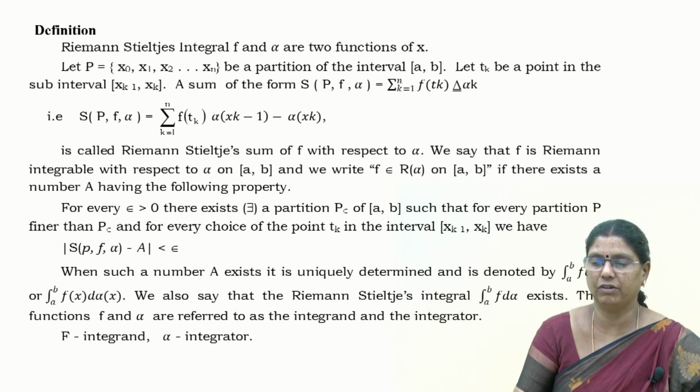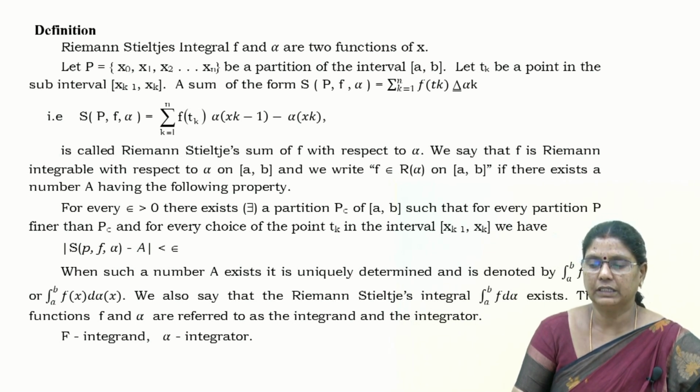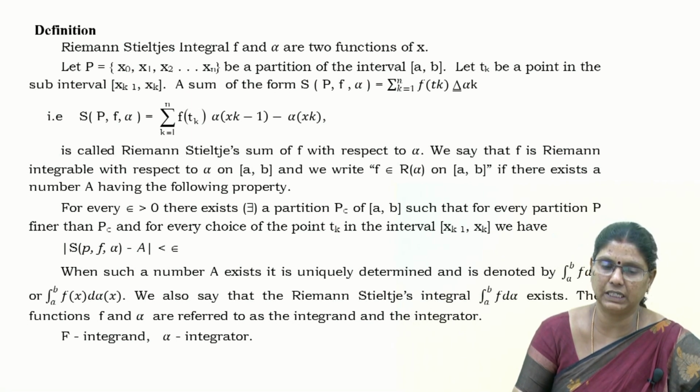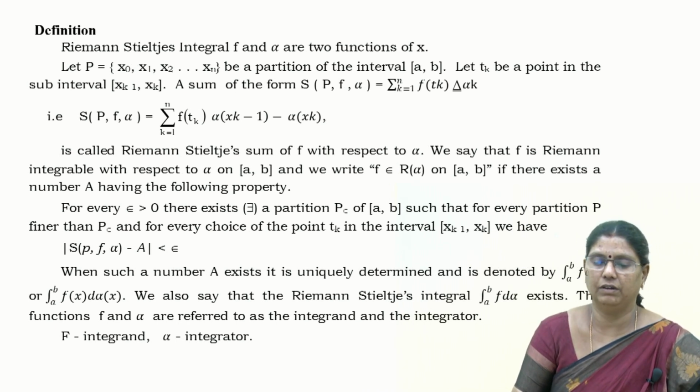That is, S(P, f, alpha) can be expressed as the sum of f of tk times, instead of delta alpha k, alpha of xk minus alpha of xk-1, and this we call the Riemann-Stieltjes sum of f with respect to alpha. In short, we write S(P, f, alpha), the Riemann-Stieltjes sum of the partition P of the function f with respect to alpha. So we say that f is Riemann integrable with respect to alpha on the closed interval [a, b]. Simply we write f belongs to R(alpha) on the closed interval [a, b].